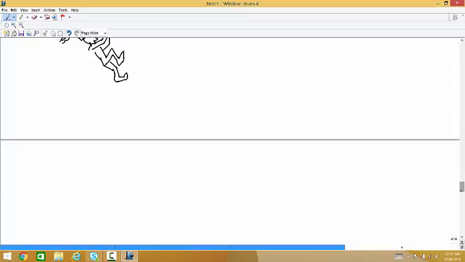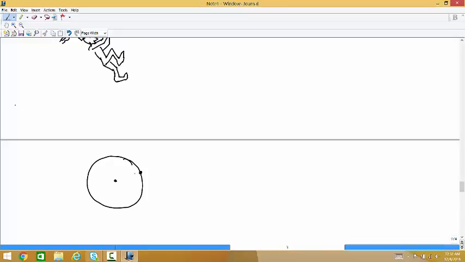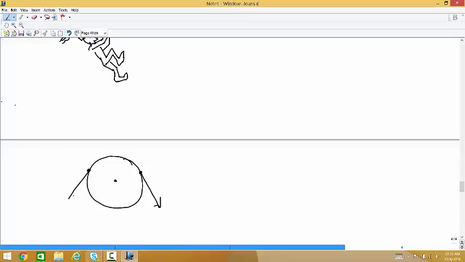And so if the thing the cable's being wrapped around is this, and you have sides of the cable coming off this way and this way, where T2 is the higher tension, and on this side T1 is the lower tension.